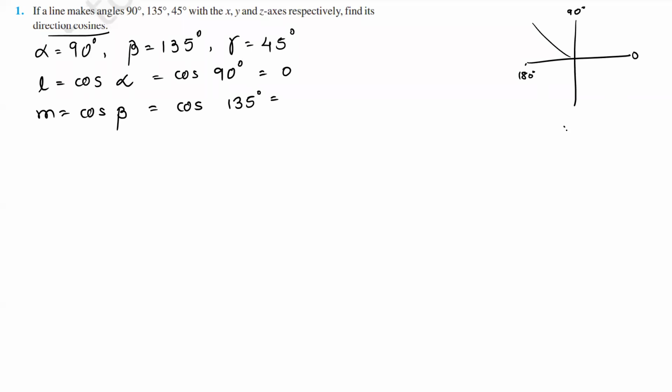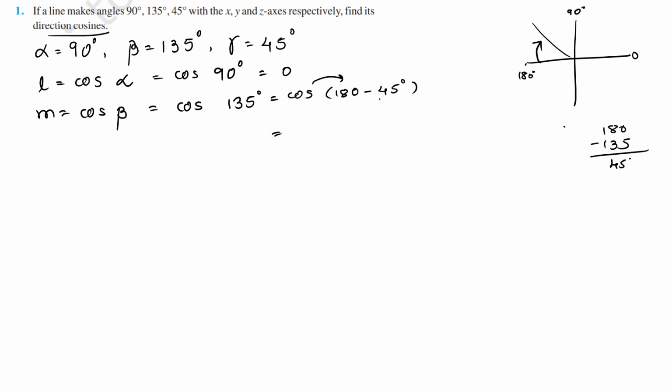We can write 135 as 180 minus 45. How close is 135 to 180? It's 45 degrees. So in place of 135, I can write 180 minus 45. It's nothing but 135 only, right?